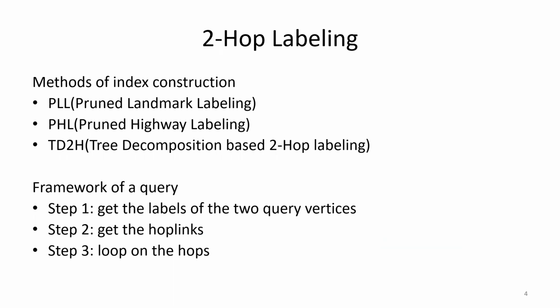There are multiple methods of two-hop labeling index construction, while for the query algorithm, they follow a similar framework. First, we get the two query labels, and then we get the hop vertices, and then we look up the hop vertices to get the minimal distance.